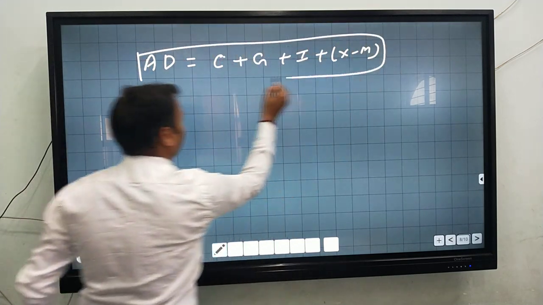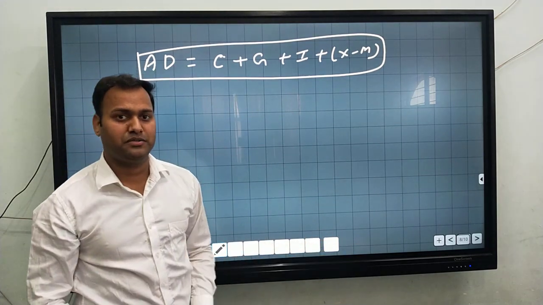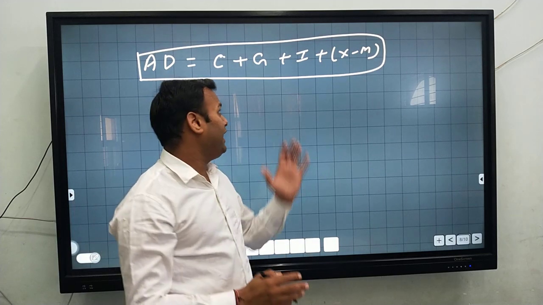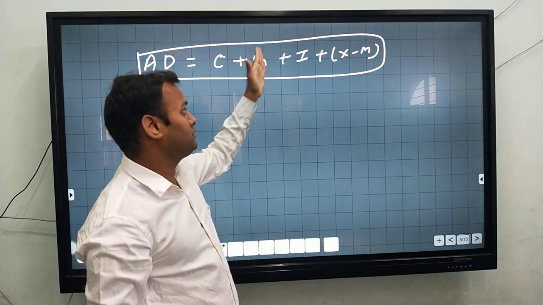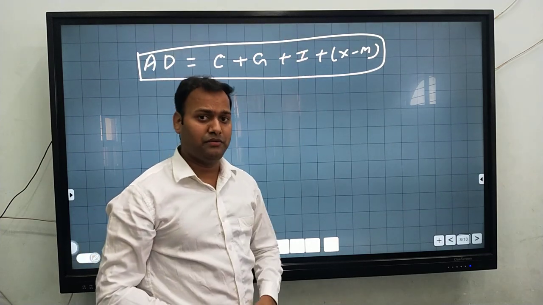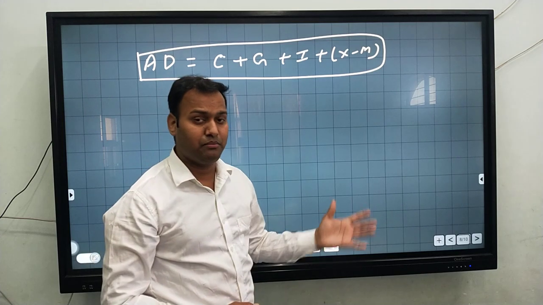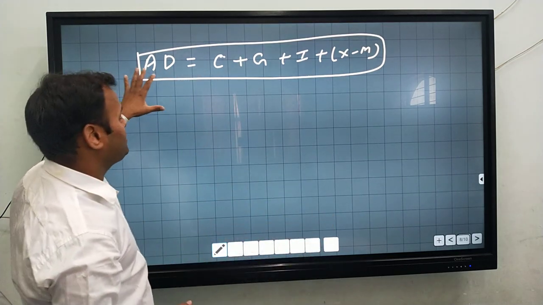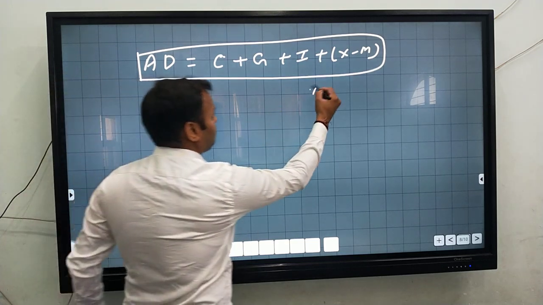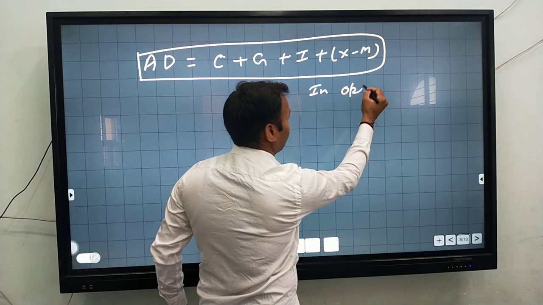That is the formula of aggregate demand, and also the components of the aggregate demand, that is consumption, private final consumption expenditure or government final consumption expenditure. I is the investment and X minus M is the net export. These are the main components of the aggregate demand. This is the formula of aggregate demand in an open economy.